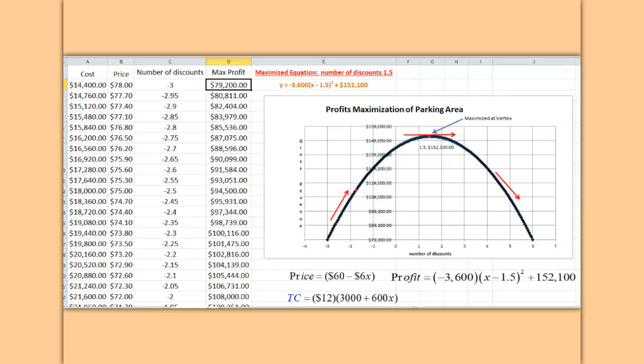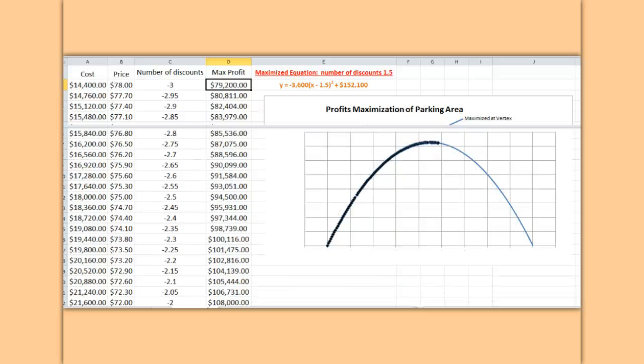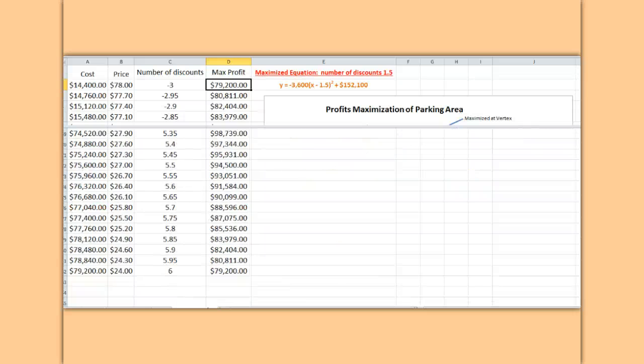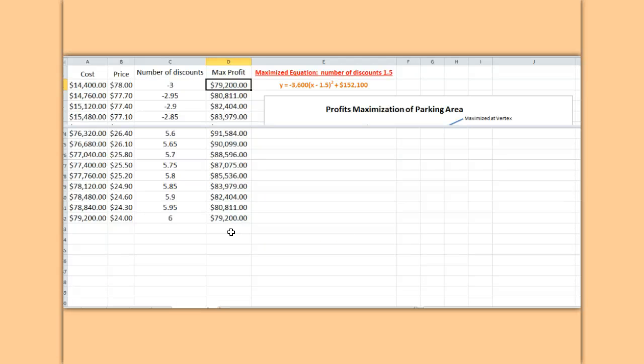So at $24 price, all you do is pay for the cost, because the cost is $79,200 and your maximum profit is $79,200. So the lowest price you can have is $24 per month per car.